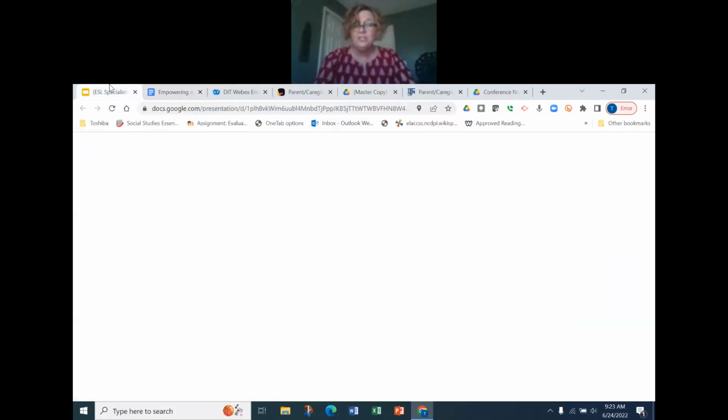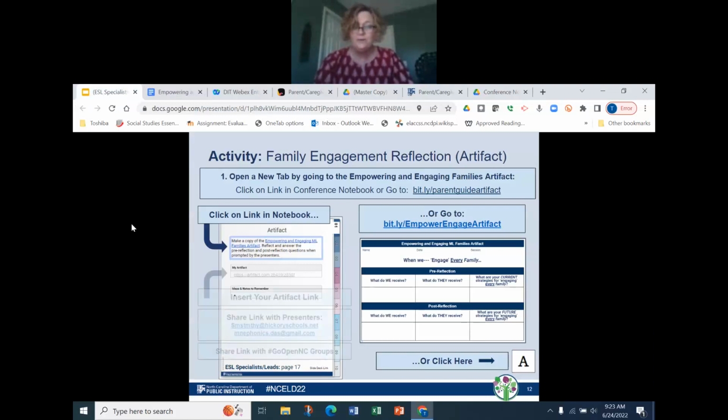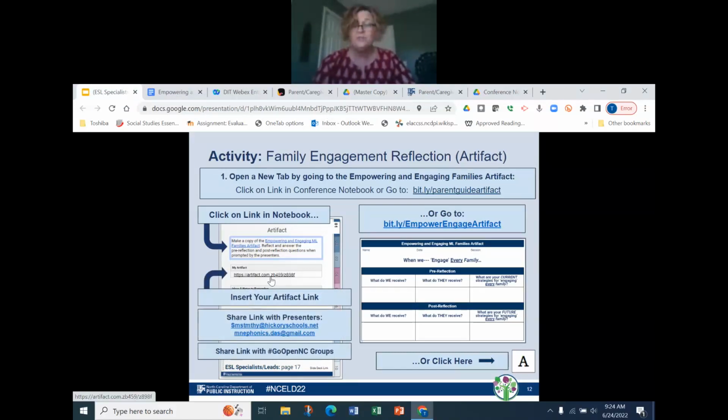And then Tim's going to show you how to go back into your notebook and paste it there on the artifact page, which for you in your notebook, if you're using an ESL Specialist notebook, it's page 17. If you're using an ESL teacher notebook, I think it's page 11, I can't remember, but it's somewhere in there, and that would be on your Empowering and Engaging Families page. So make sure you insert your link there.